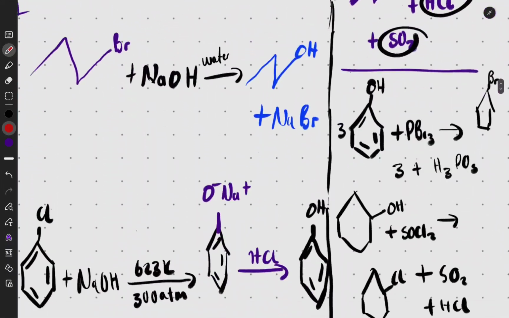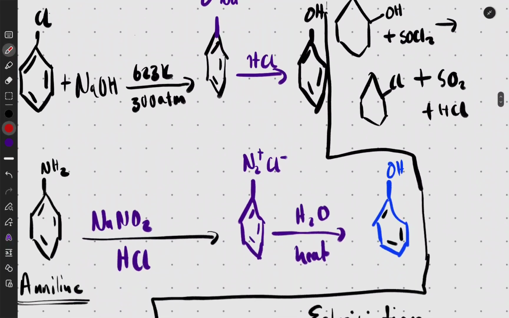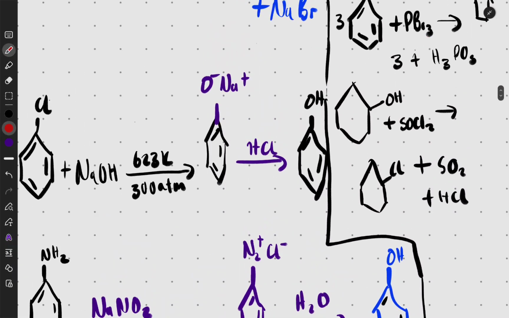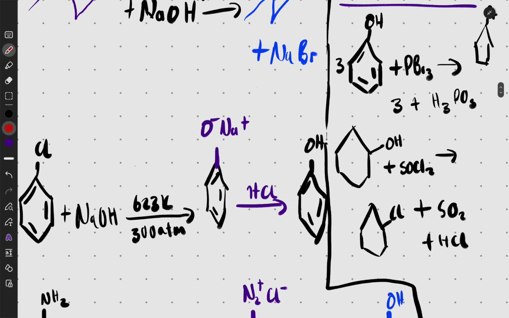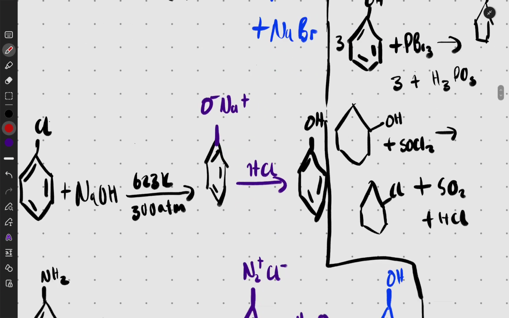Now we keep going. I'm enjoying every step of this. PBr3, we said it also works for cyclo and for phenols as well. But we usually like to use it for things with a lower melting point and boiling point, right?